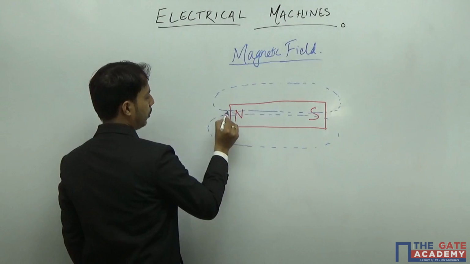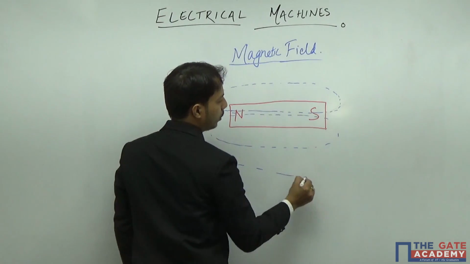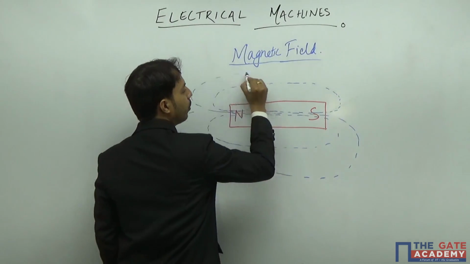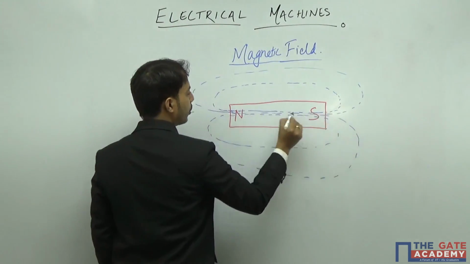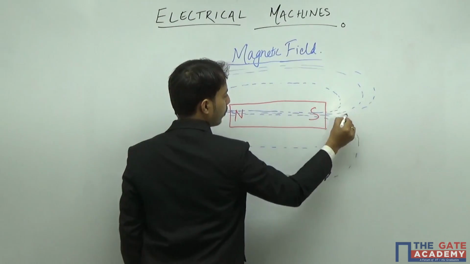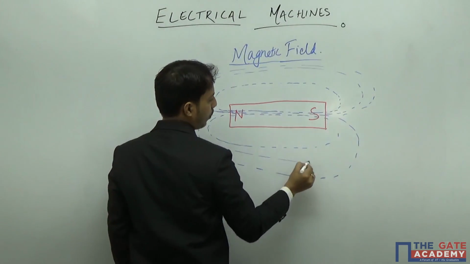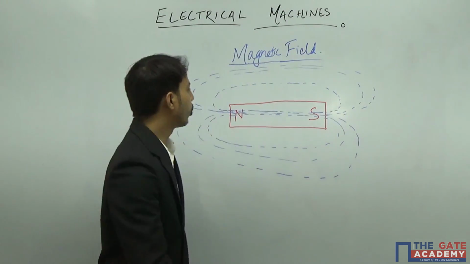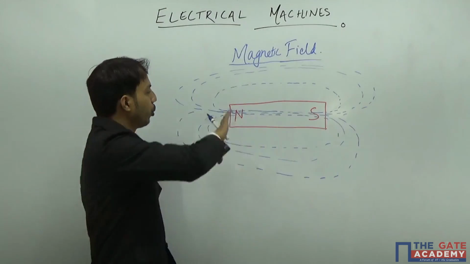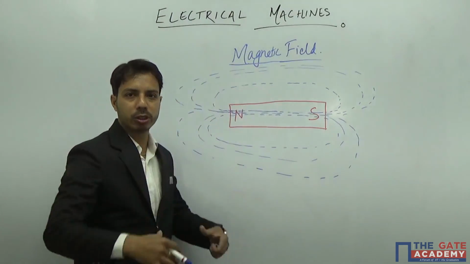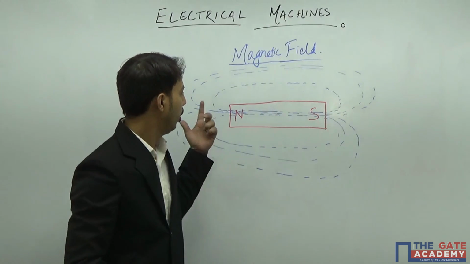This is how these loops are going to be closed. Now this is a 2D picture; it is going to be in a 3D way. This is going to come out from every possible direction of that particular bar.